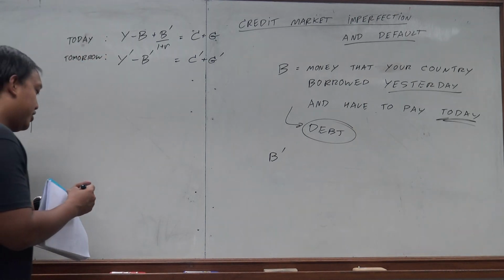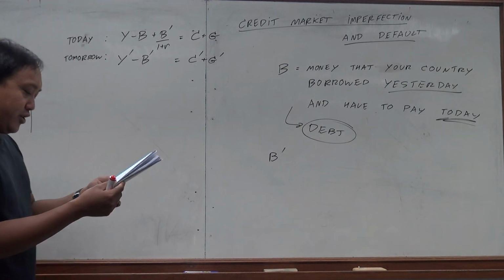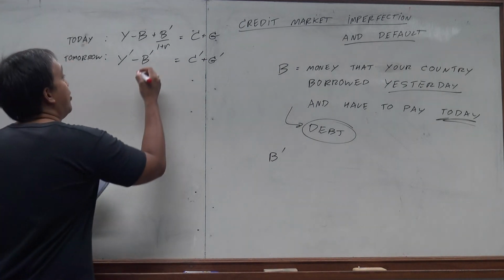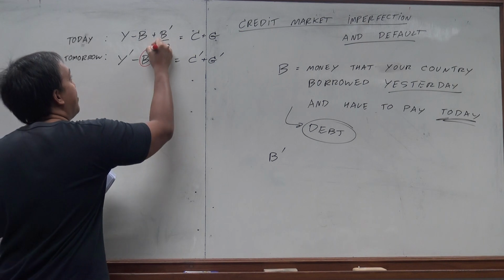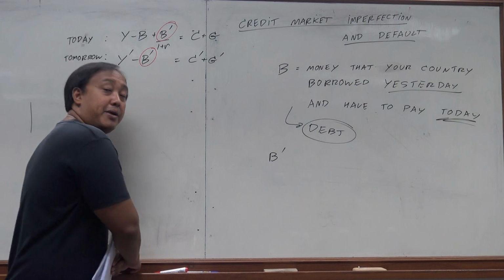How to do it? As you can see, in the two equations we have the same variable, B prime and B prime. We're going to plug them in together using B prime.